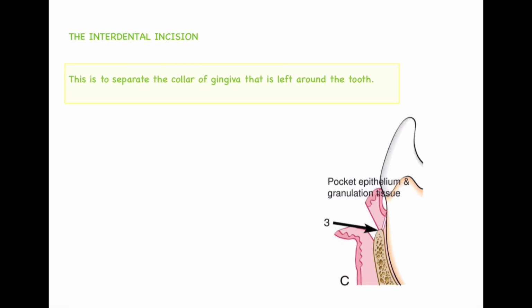Therefore this interdental incision is used to separate this gingiva that is left around the tooth. दो इंसिजन की वजह से निकल तो गया है जिंजाइवा but we need to resect it completely. Therefore this interdental incision helps us to resect out that left out collar of the gingiva. ओके, एंड इसके साथ पॉकेट के जो एपिथेलियम एंड जो ग्रैनुलेशन टिश्यू है वो भी सारा निकल जाता है.